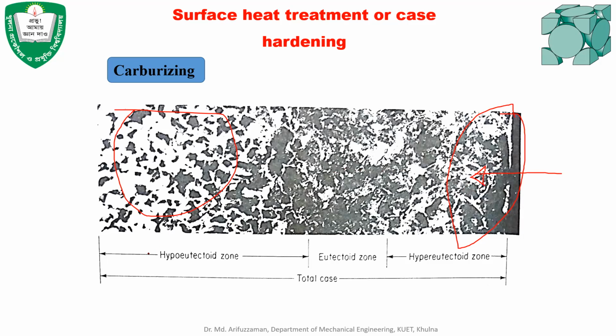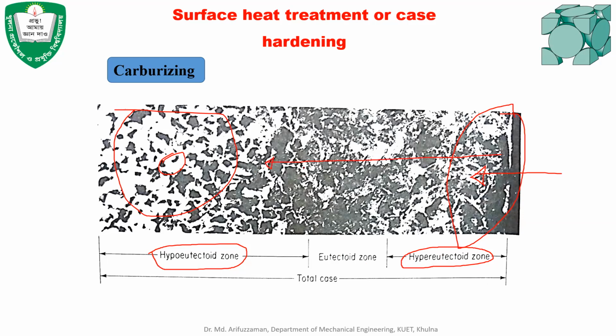The actual hypoeutectoid steel has a very low amount of carbon. When carbon starts to diffuse, at the surface there will be a huge amount of carbon, and that is called the hypereutectoid zone. That means it has more than 0.8% carbon. Also, the carbon content will decrease as you move in this direction.